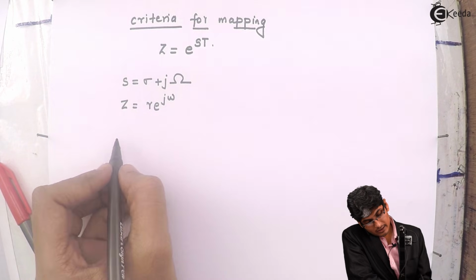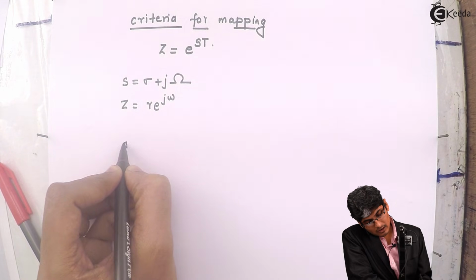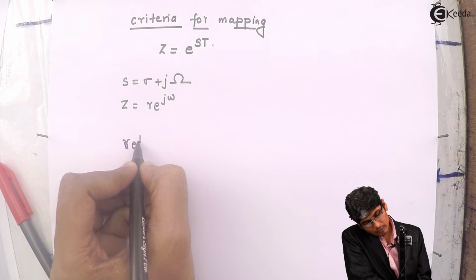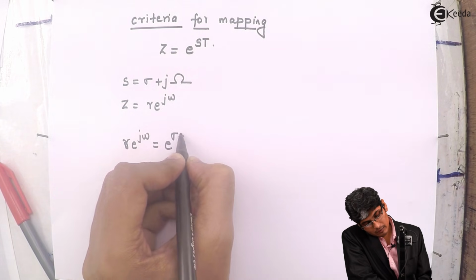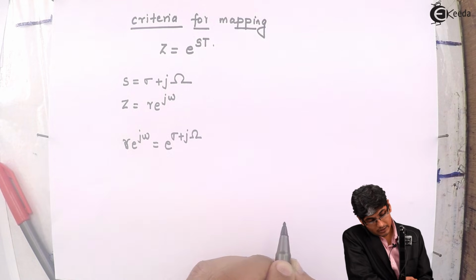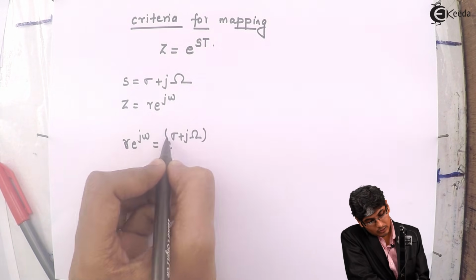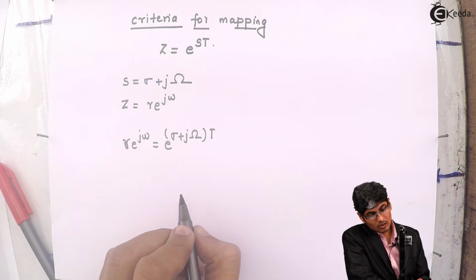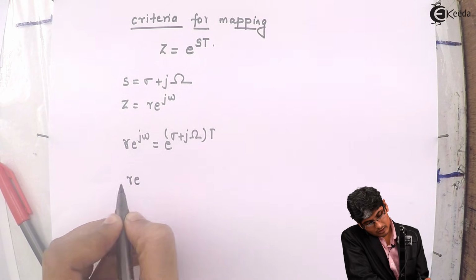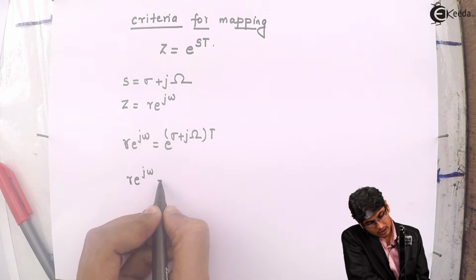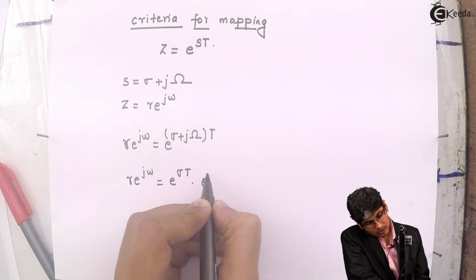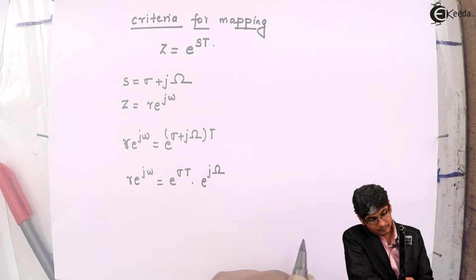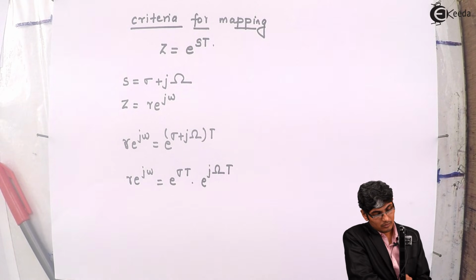If I replace it, I get r e raised to j omega for z, and e raised to (sigma plus j Omega) into T. Let us solve it: r e raised to j omega equals e raised to sigma T into e raised to j Omega T.